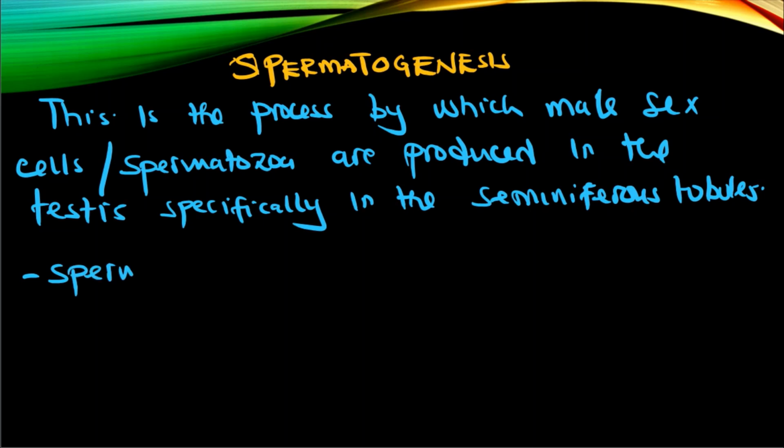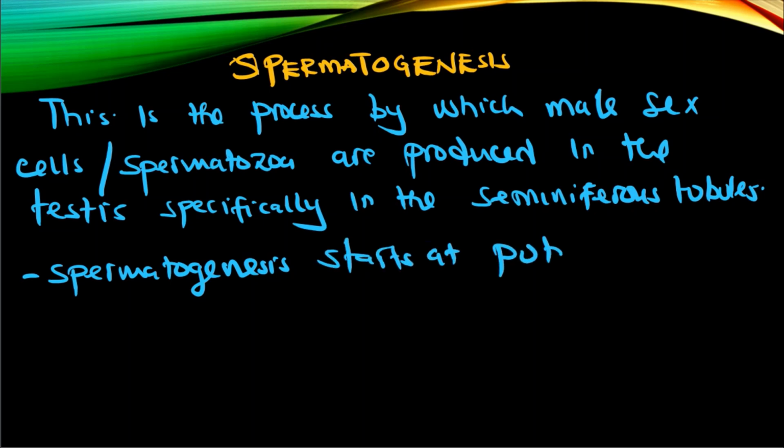Spermatogenesis starts at puberty. The primordial germ cells that migrate to the testes are inactive until the boy reaches puberty, which is around 12 to 14 years, somewhere there.